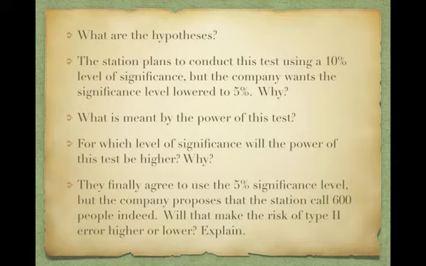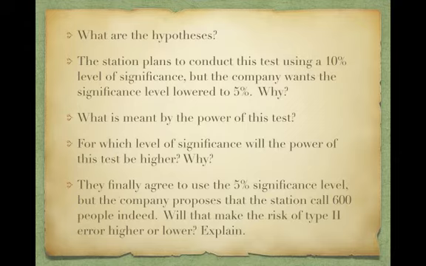Because if alpha is too high, then your probability of a type 1 error is also too high. And remember, a type 1 error is when the null hypothesis is true, but we reject it. So by setting alpha too high, we are basically discrediting some of the proof that we're making the right decision.